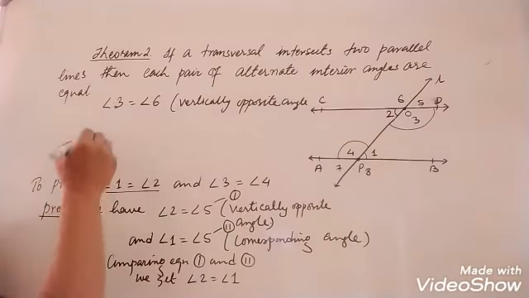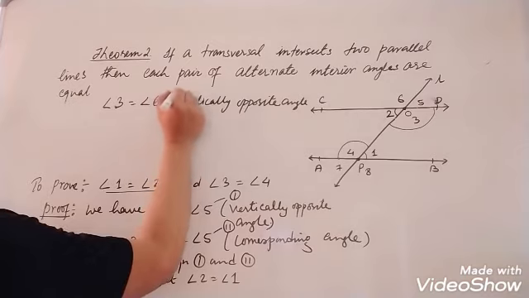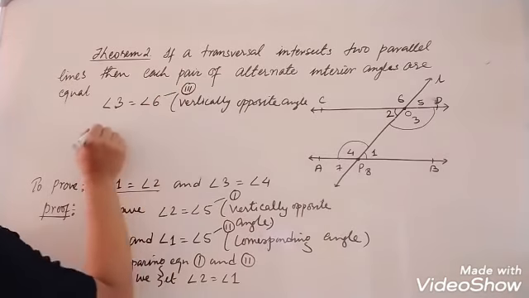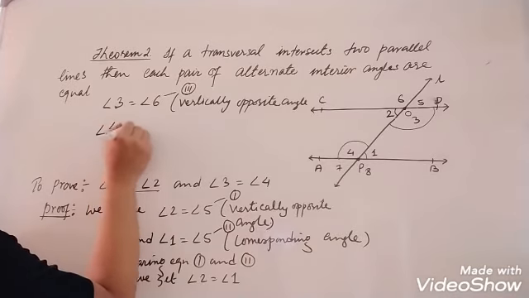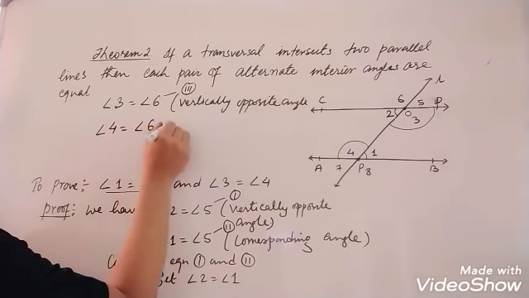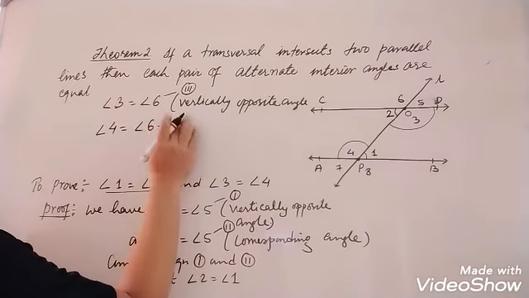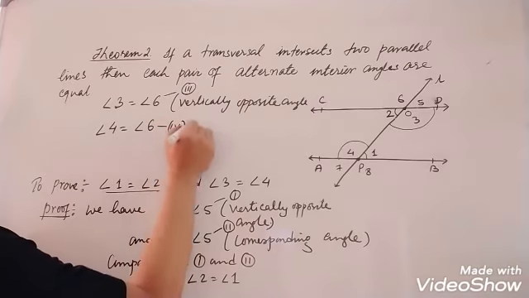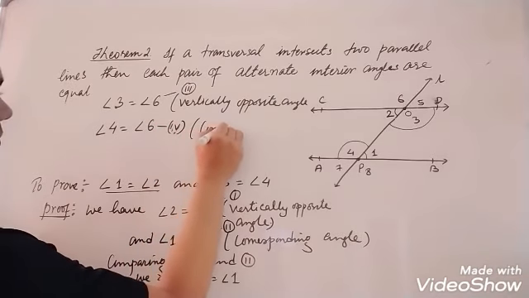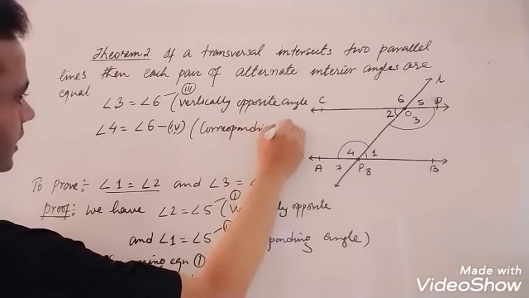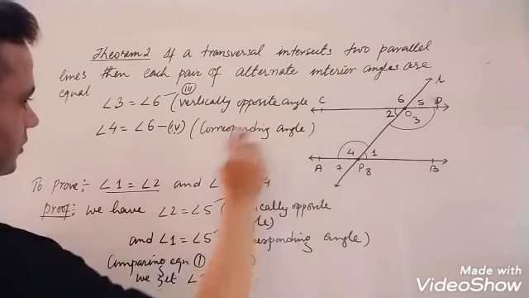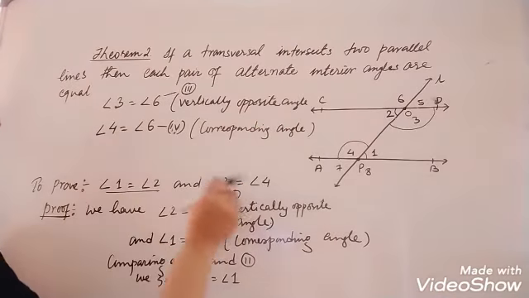So this is equation number 3, and angle 4 equals angle 6 is equation number 4. The reason is corresponding angles, or angles on the same side of the transversal.